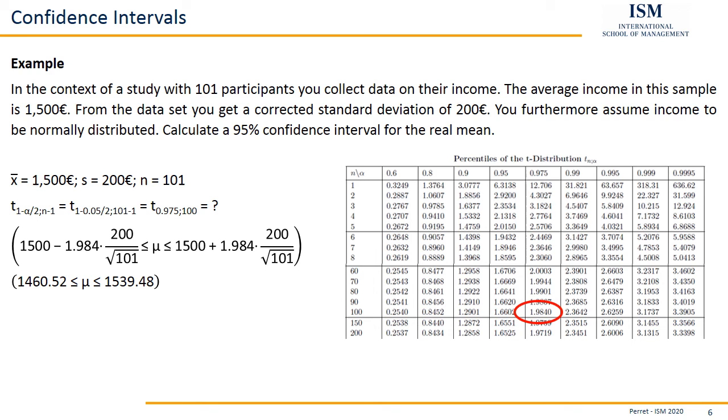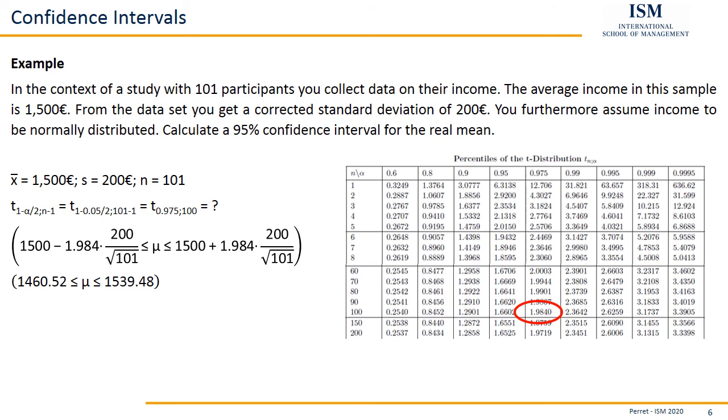Well, now we have actually the problem that we have 101 and not 100 observations. If we would have used the same number of observations, what we would have seen is that the borders are actually a bit wider. And this is something which always happens with the t-distribution. We have to estimate our standard deviation. We have to use the corrected version as an estimate. This means our results will be a bit less precise.